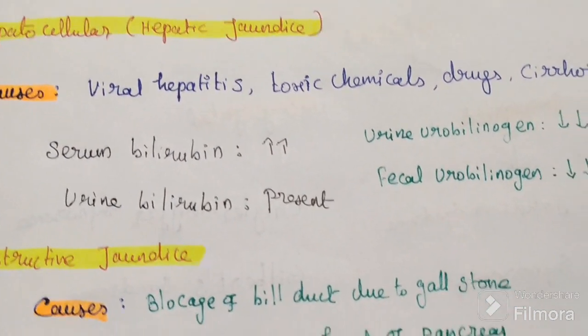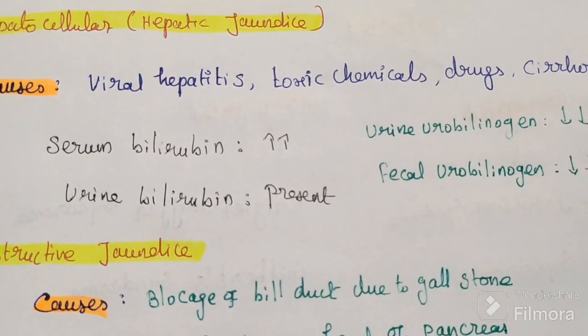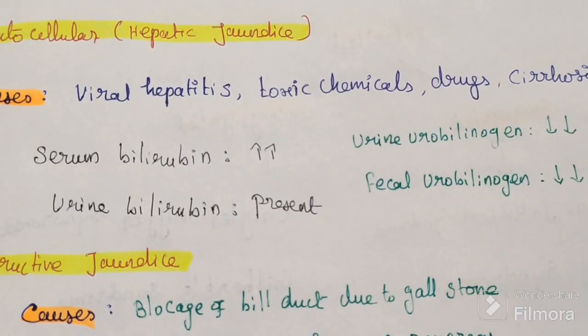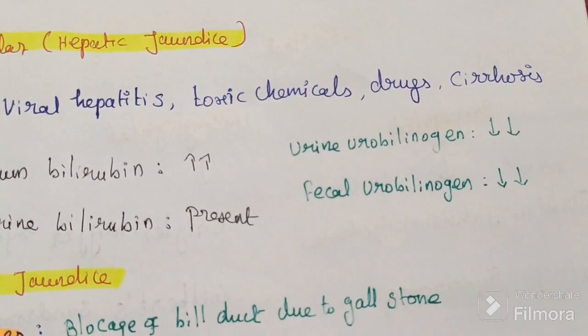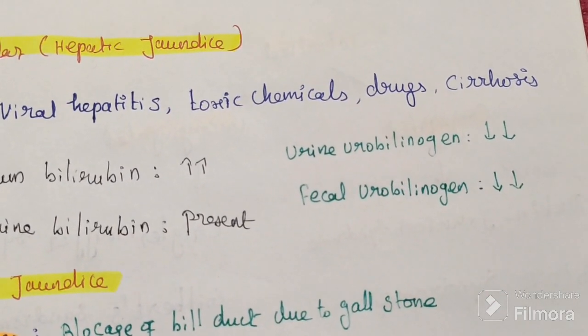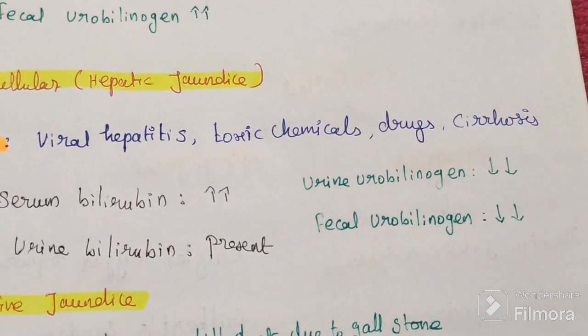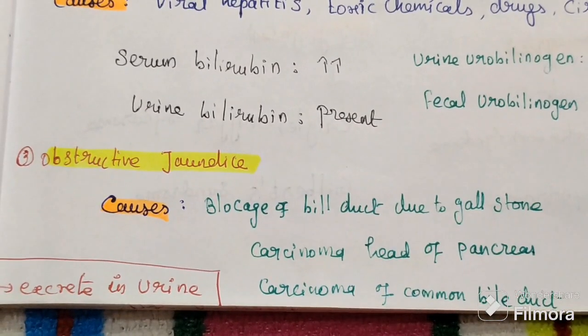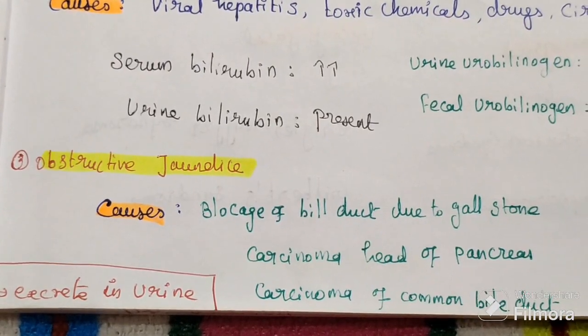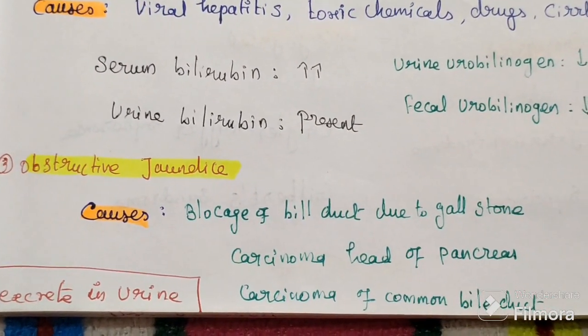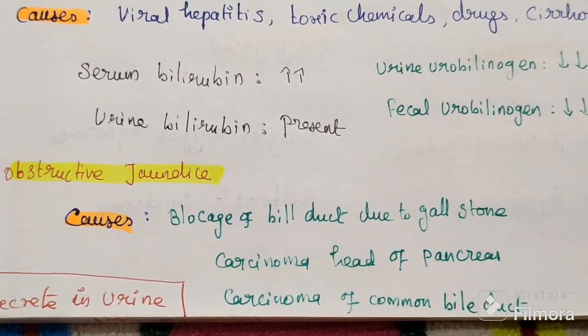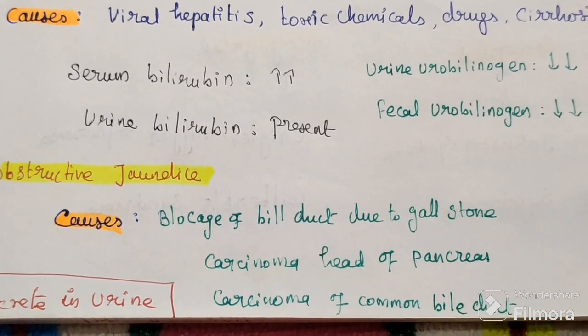In this condition, serum bilirubin level increases, urine bilirubin is present, and urine and fecal urobilinogen level decreases.